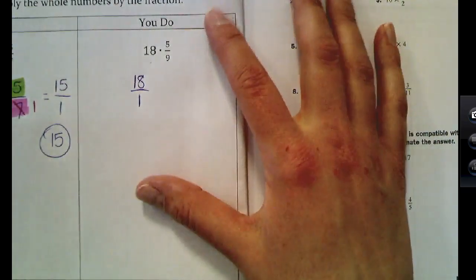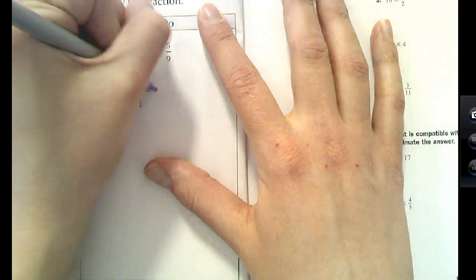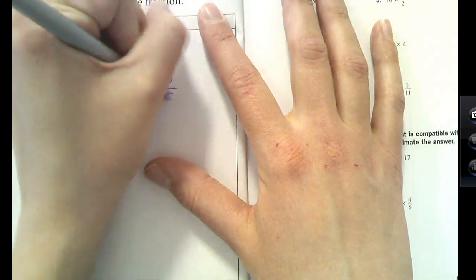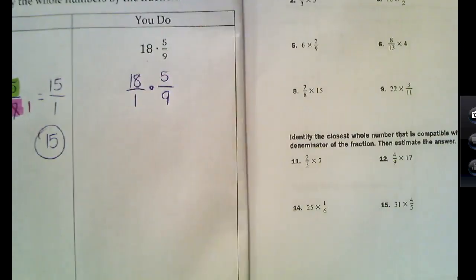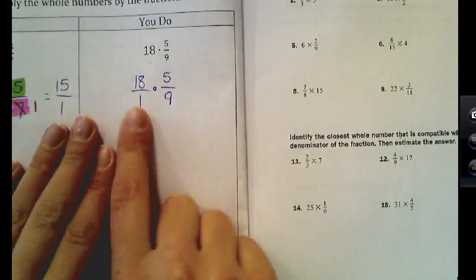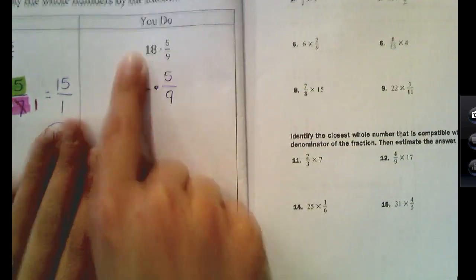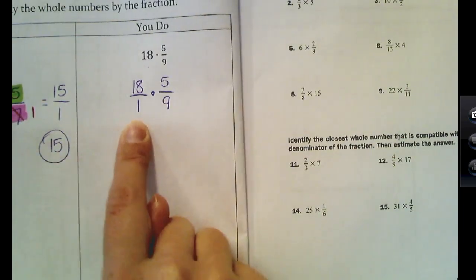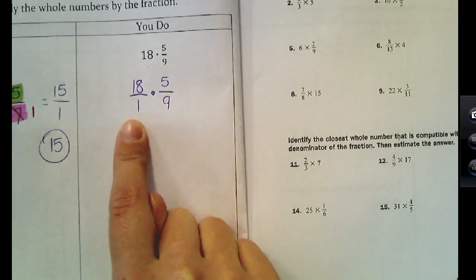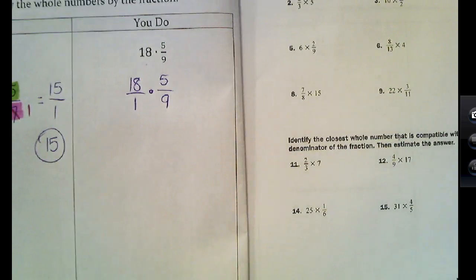Rewrite the 18 as 18 over 1 times 5 over 9. Who can raise their hand and tell me what's the numerator in my first fraction? 18 over 1. What's my numerator? Raise your hand. It's a simple question. What is the numerator? The numerator. 18. Very good.